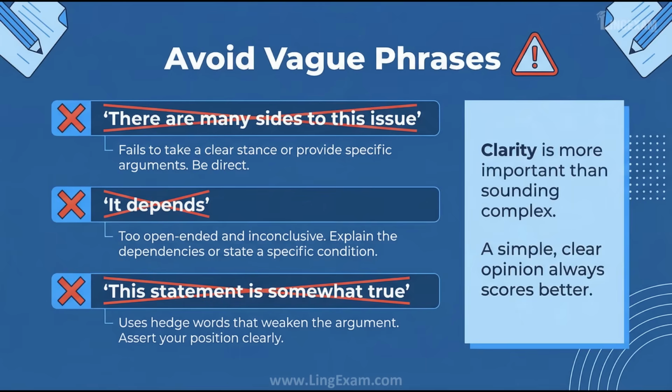Does that mean you mostly agree? Partly agree? The examiner shouldn't have to guess. Remember, clarity is always more important than trying to sound complex or sophisticated. A simple, clear opinion statement will always score better than a complicated, confusing one.